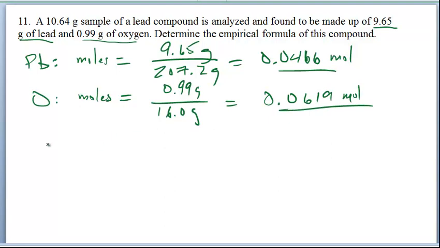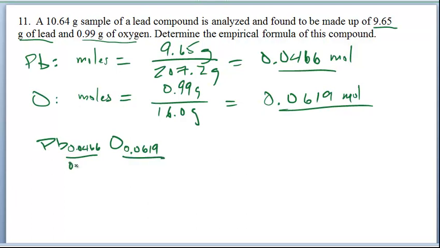All right, so if we start constructing our empirical formula, that's Pb 0.0466, oxygen 0.0619. All right, not a very pretty empirical formula so far, so we know how to convert this to whole numbers.